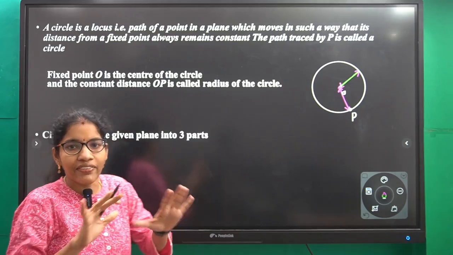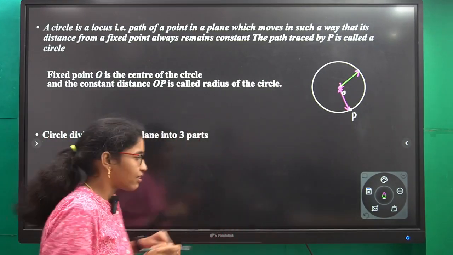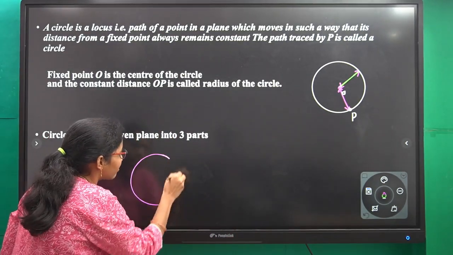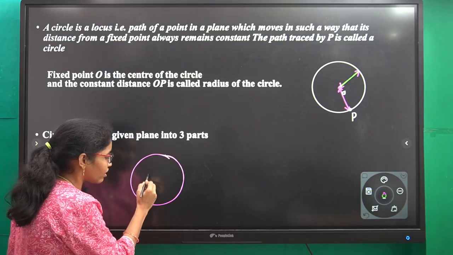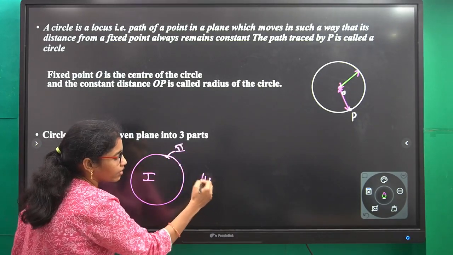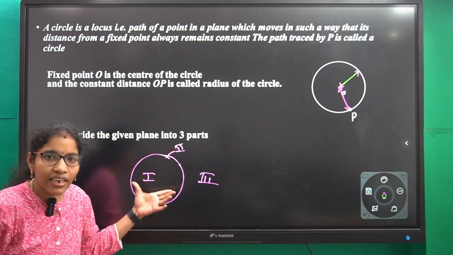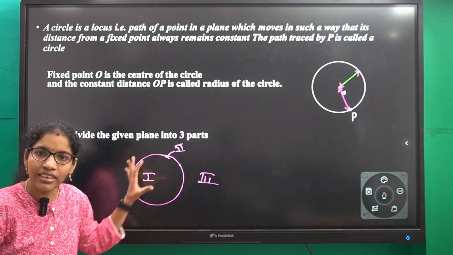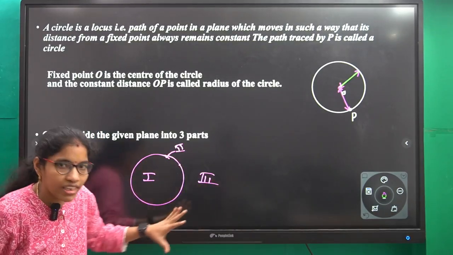Now the circle divides the given plane into 3 parts. Here a circle is there. So this is one part, this is the second part and this is the third part. That means the inside of the circle is one part, on the circle is the second part, and the outside is the third part.